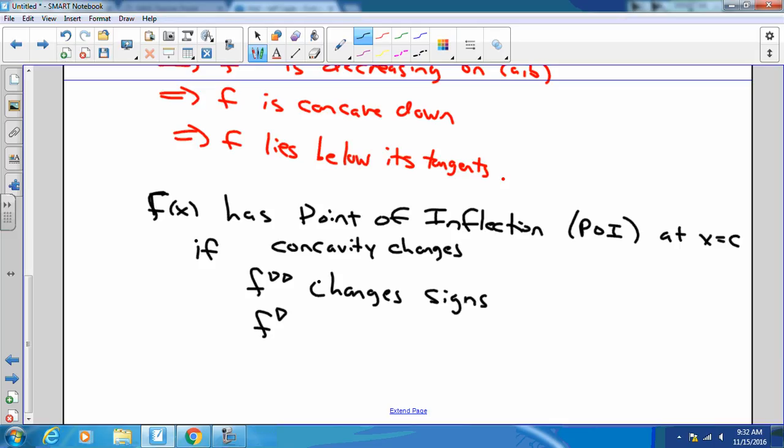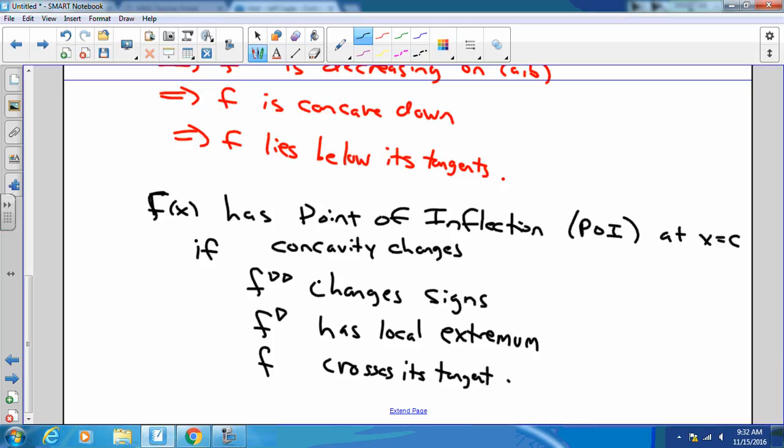What about in terms of f prime? f prime has a local extremum. For f, because of tangent, it crosses its tangent.